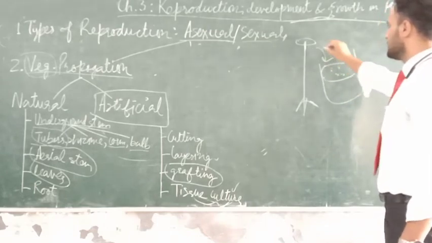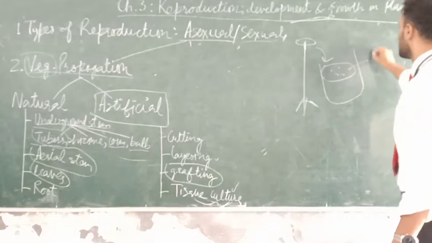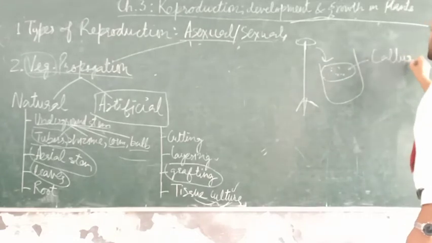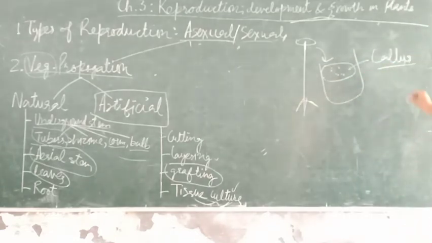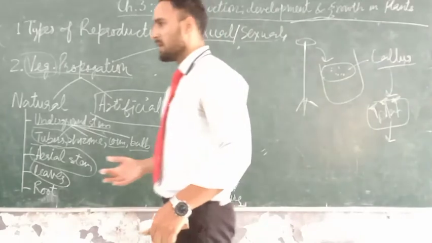In the medium, these cells grow into an unorganized mass of cells, which we call the callus, and this callus is then allowed to grow in a new medium, where many plantlets are produced, and these plantlets are then transferred into the field for acclimatization.